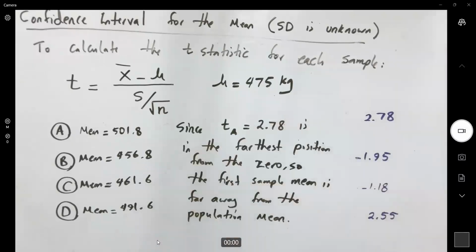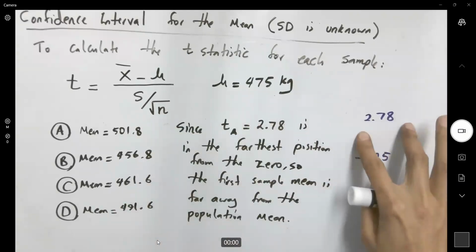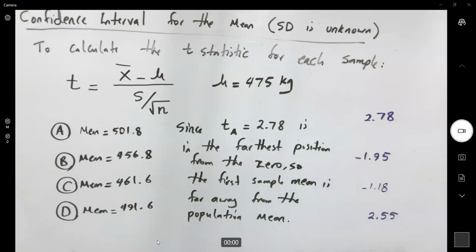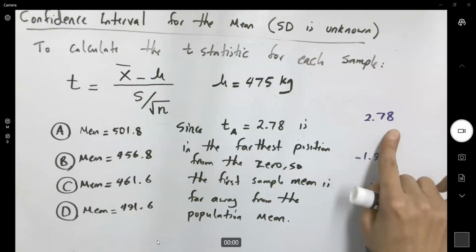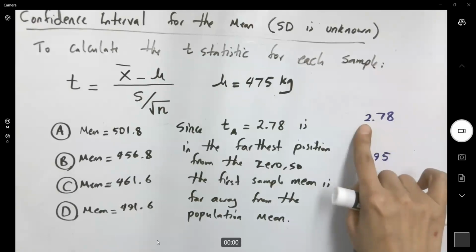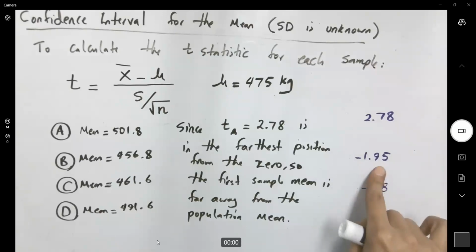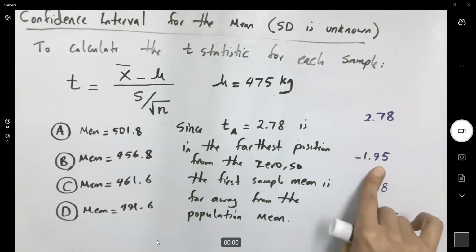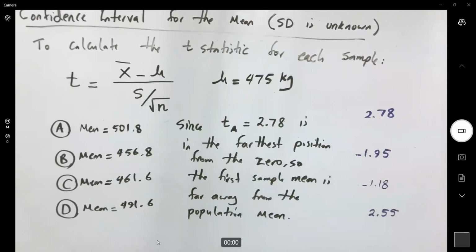So that's how we calculate and analyze the T statistic, and this one has the maximum distance from the origin. 2.78 on the right hand side of 0, and negative 1.95 on the left hand side has distance 1.95, which is less than 2.78. Negative 1.18 on the left hand side of 0, we are just going back to algebra.